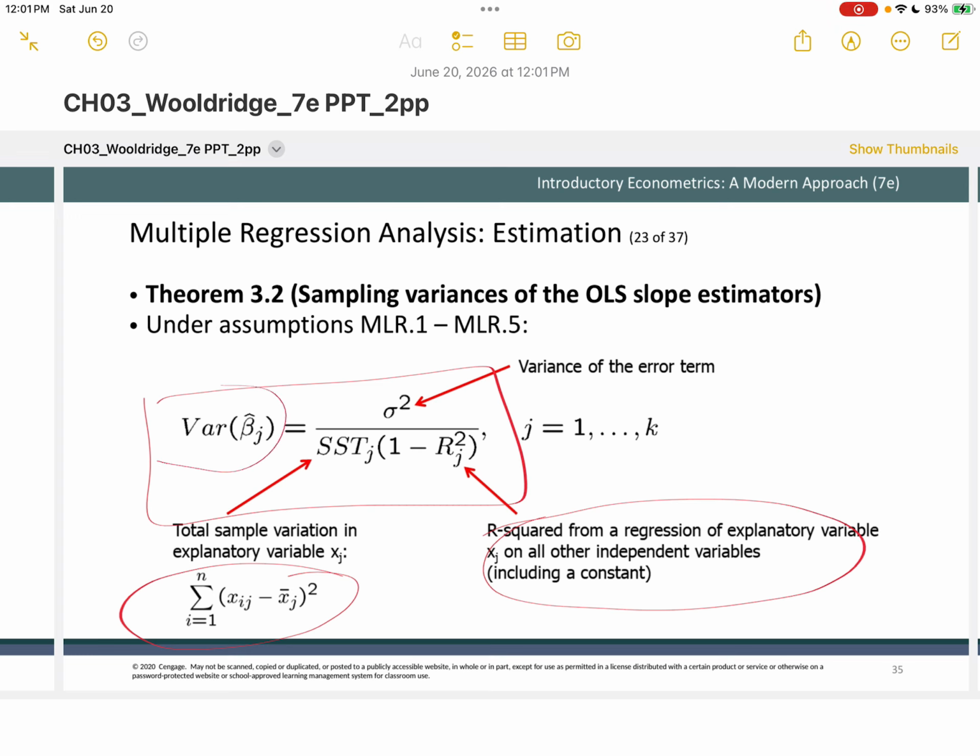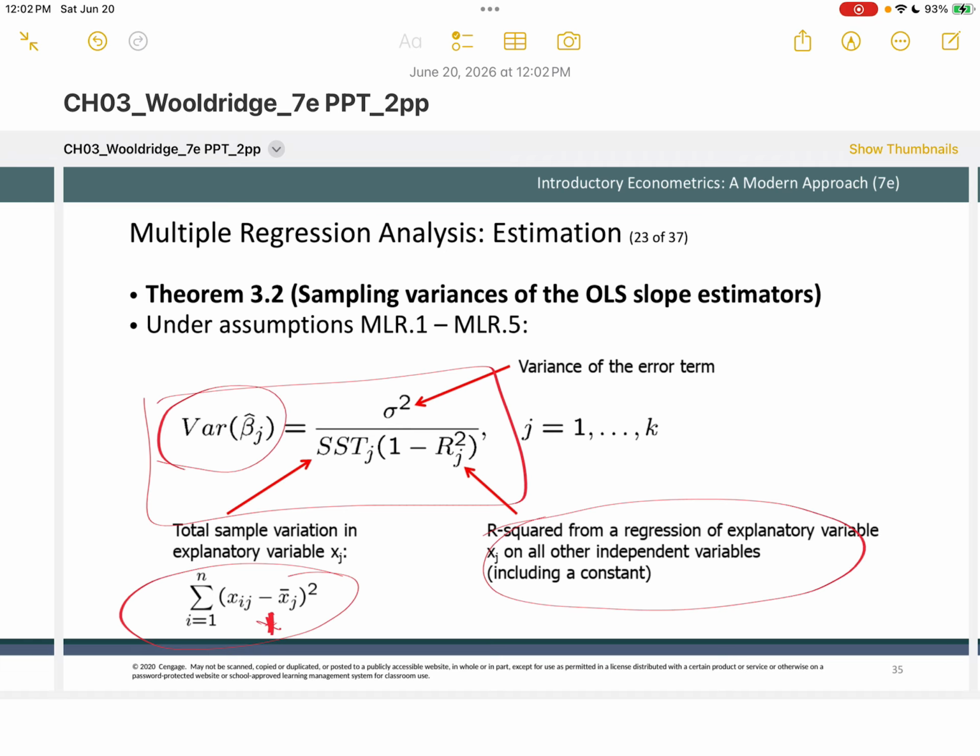So this means that your variance of beta j hat will blow up if the variation in each explanatory variable was tiny. If there was not enough variation within your explanatory variable, the variance of your beta hat j will explode because that gets small.